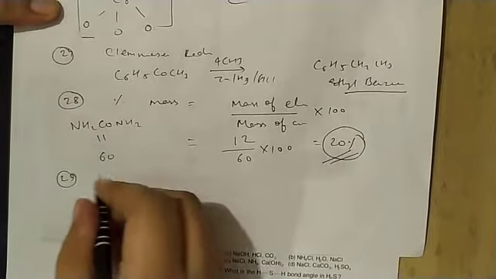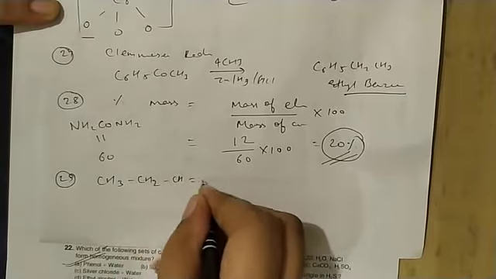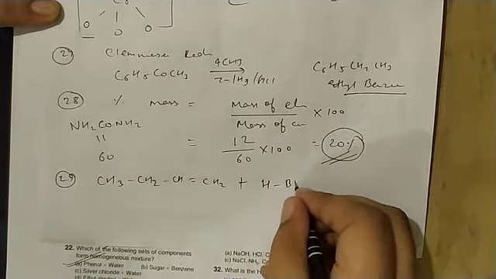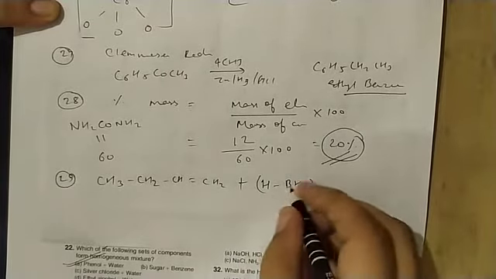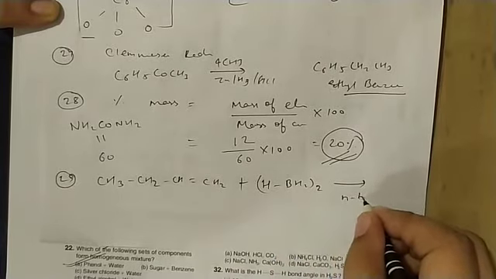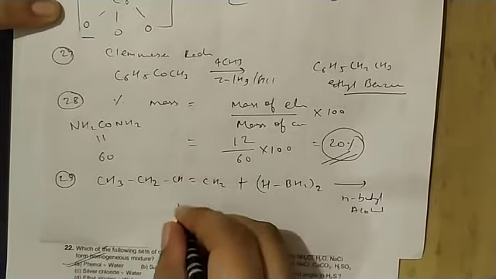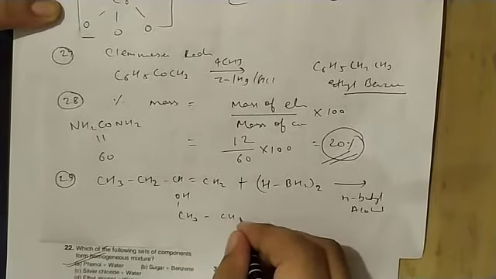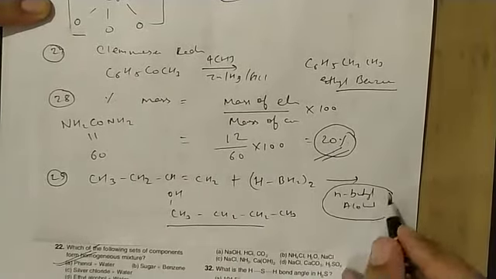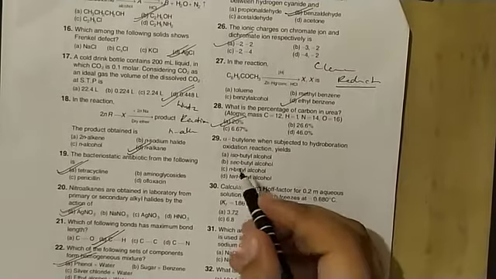Here the structure is CH3CH2CH=CH2, which reacts with diborane, B2H6. The anti-Markovnikov rule will be applied, and n-butyl alcohol will be formed, having the structure CH3CH2CH2CH2OH. Normal butyl alcohol is given in the options, so option number C would be correct.